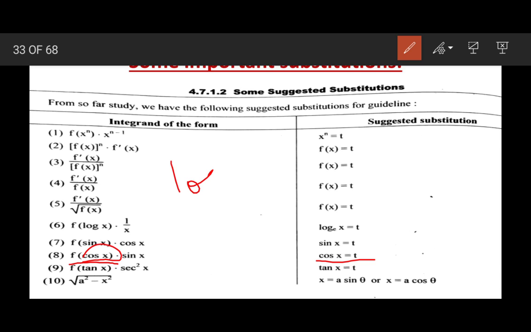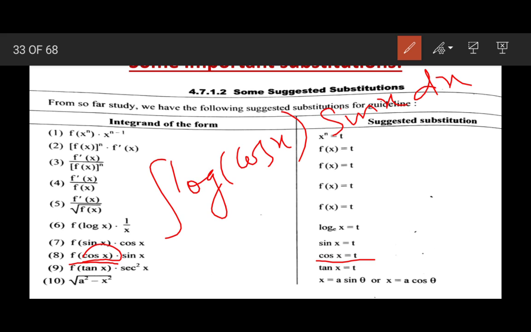For example, suppose log cos x into sin x dx is given. We know that cos x is a function and its derivative has a minus sin x, and sin x is given, so we substitute cos x as t.